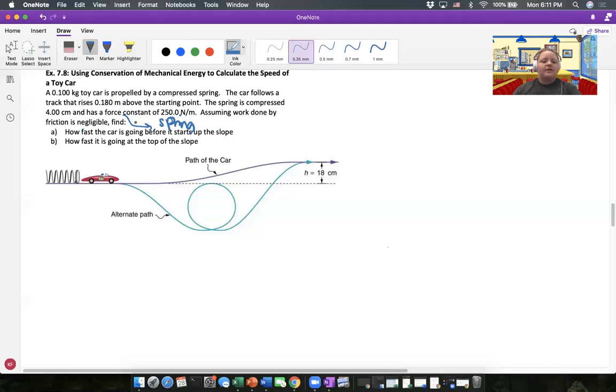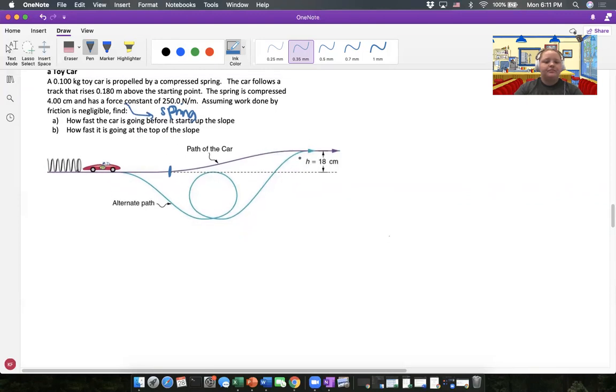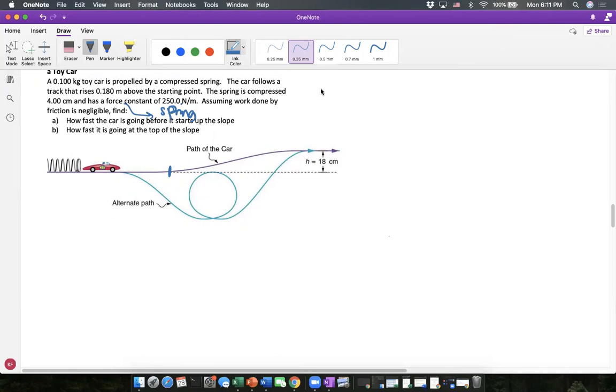The first part states that we want to know how fast the car is going before it starts up the slope here. So I'm going to go ahead and draw on this. I'm going to say that's the point where we want to know how fast the car is going. I'm going to use this space over here to write what we know. We know the mass of the car. We also know some height that it rises.